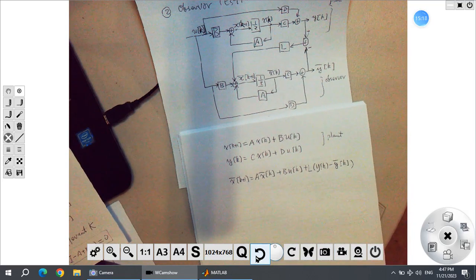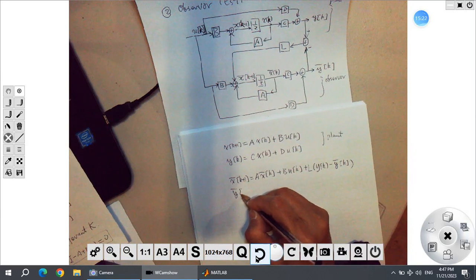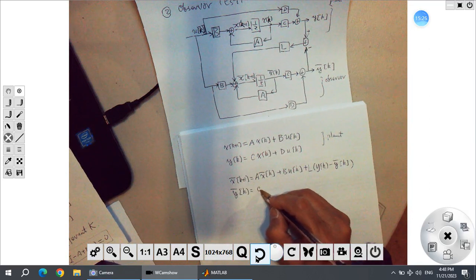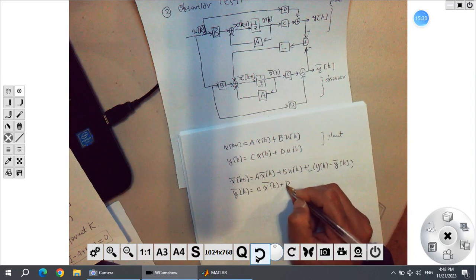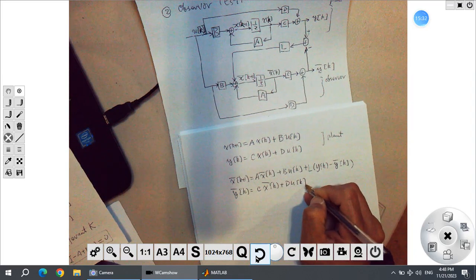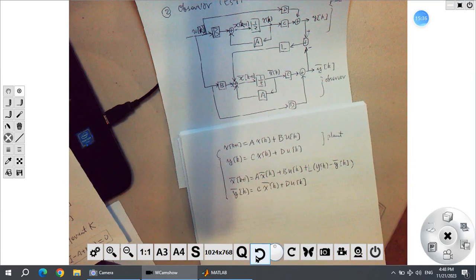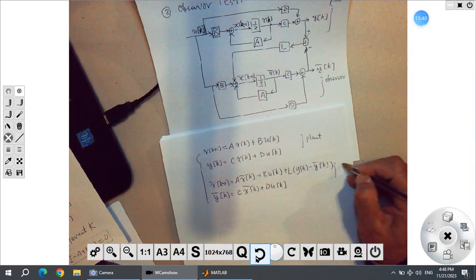This is the x bar. And then y bar of k, we just copy this formula, but now it is C x bar of k plus D u of k. Okay, so now the whole set of equations looks like this. These are the estimator.